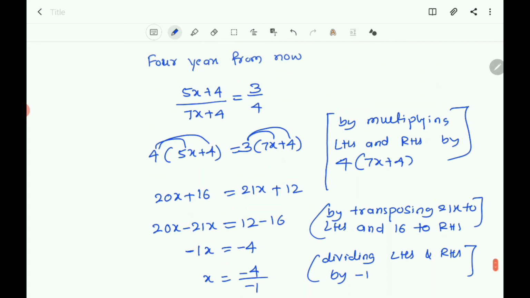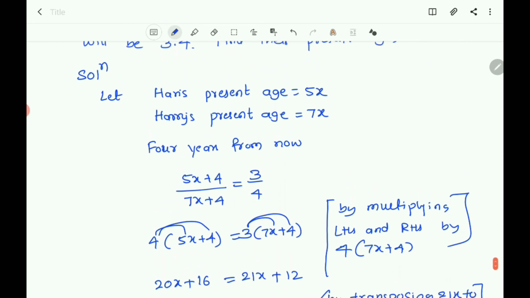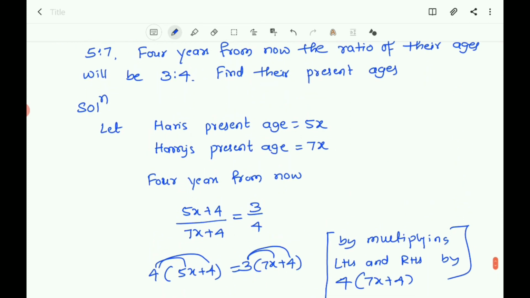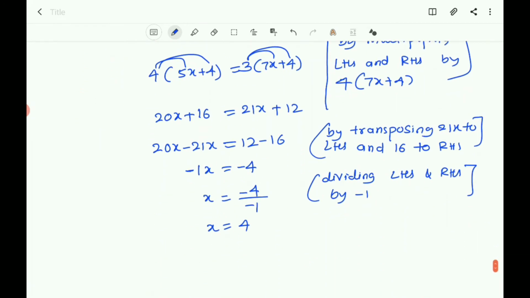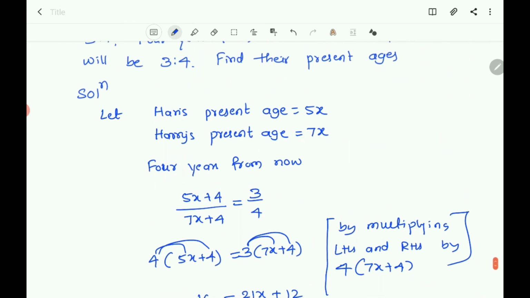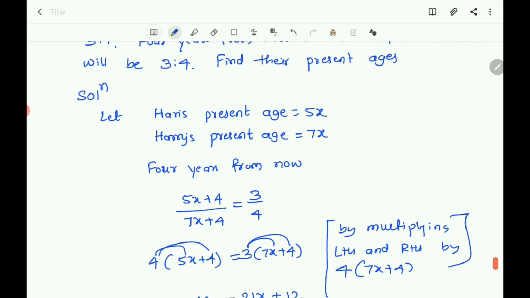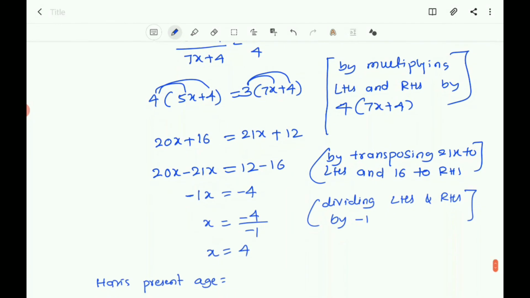X equals 4. Here you got x, and the present age, the ratio being 5:7, is 5x. 5x equals 5 into 4, that is equal to 20 years.